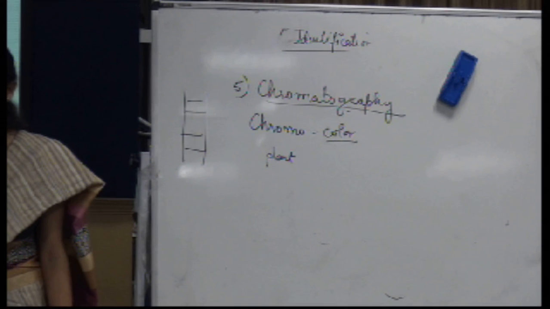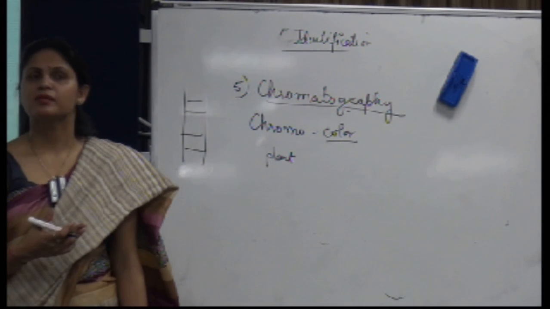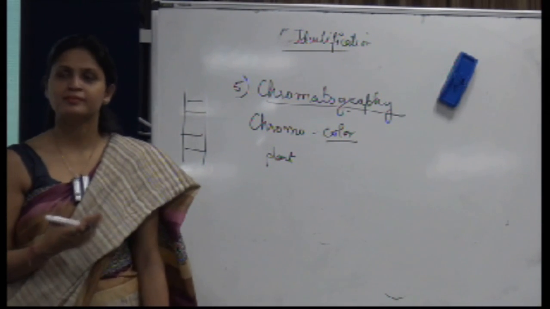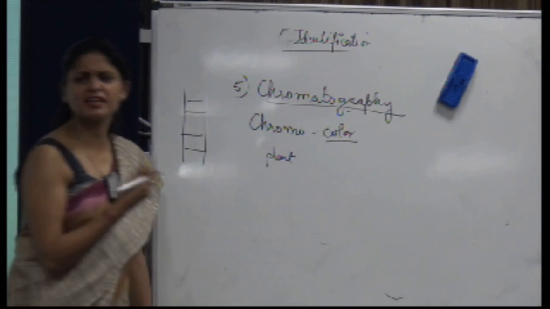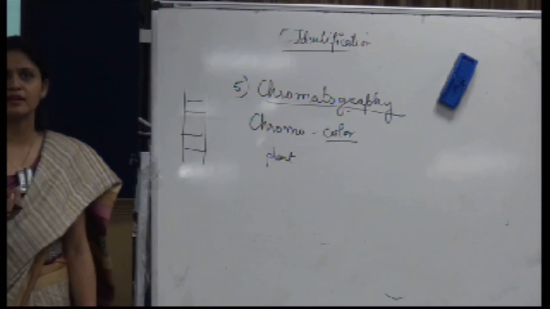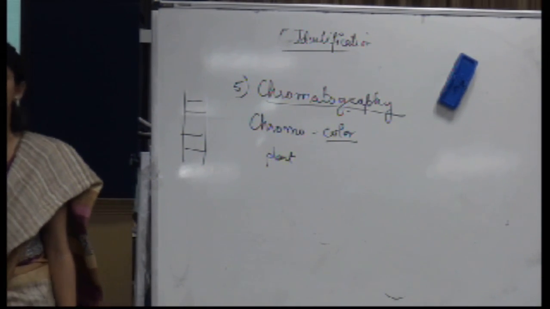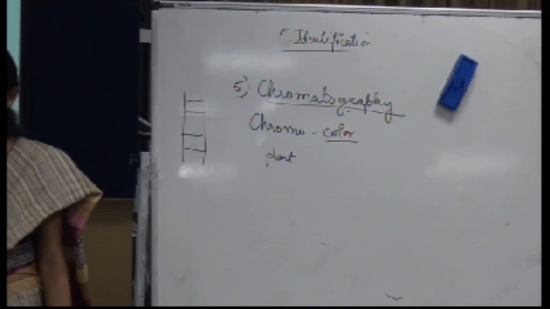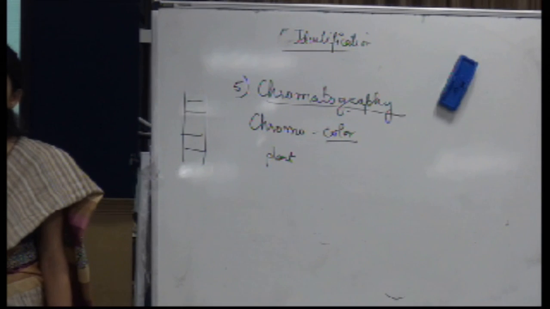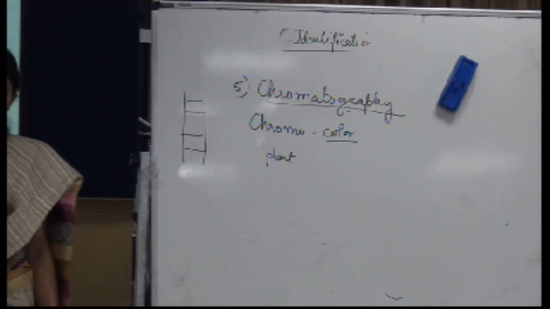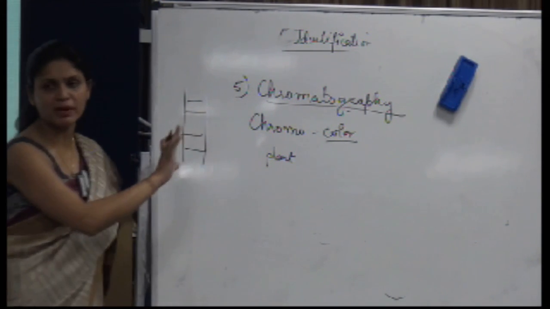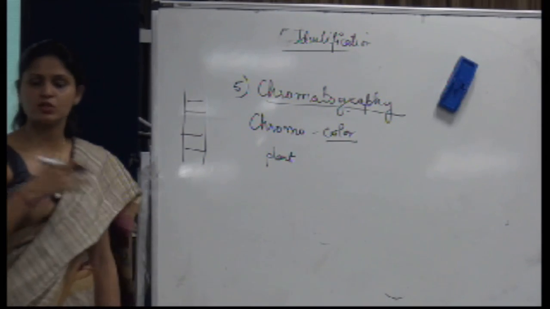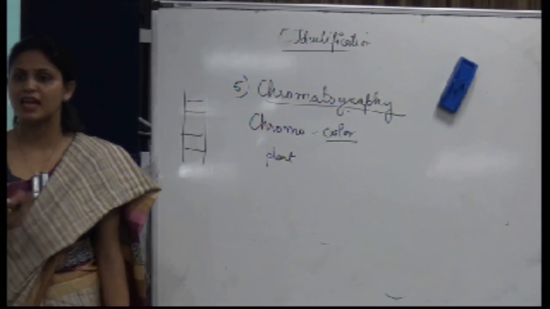They used it on the various colored components, you can say colored compounds of flowers. Why do different flowers have different colors? They were used to separate the colored components of the plants. Earlier this was the history of chromatography, but later on it was used to separate various chemical compounds.